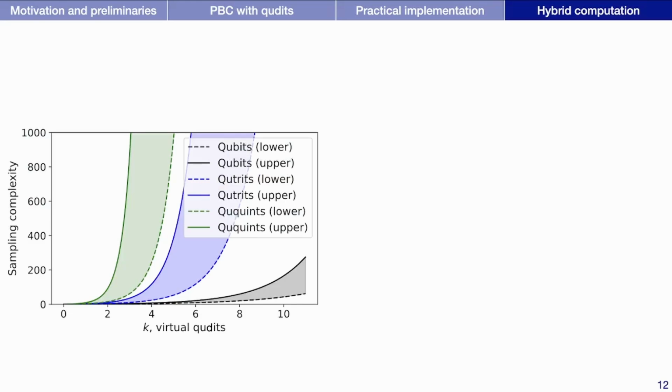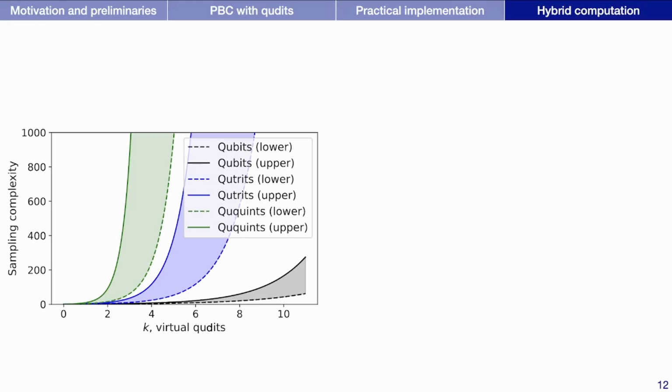And here you see precisely the sampling complexity and how it grows for qubits, qutrits, and ququints. And obviously, it grows much quicker for ququints because immediately the base has changed. So this is going to grow much faster. But like I said, let's just zoom in on what's happening in the exponents.